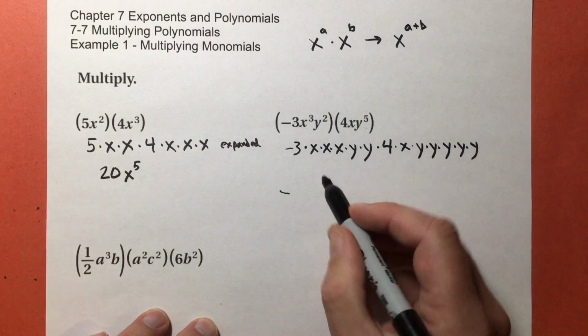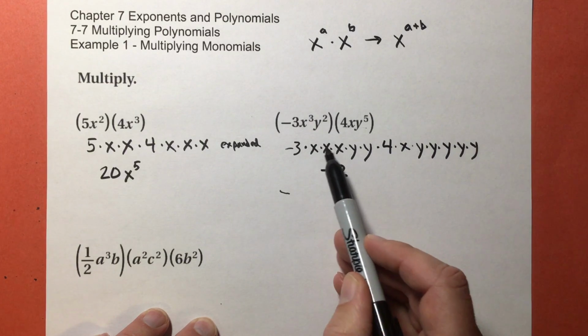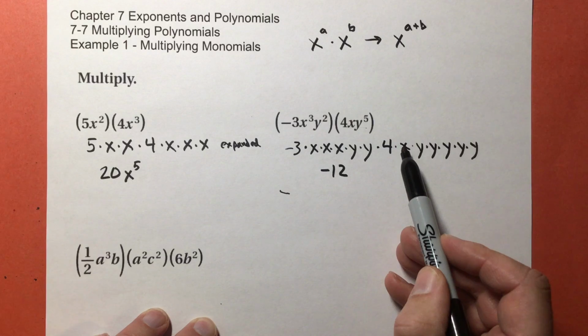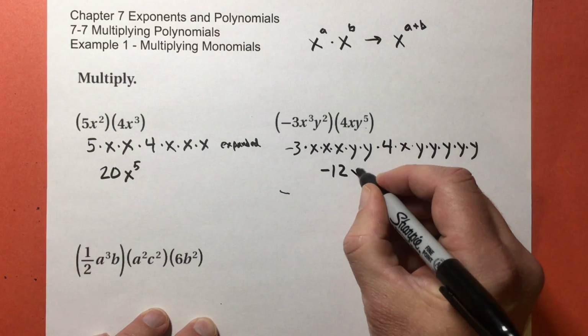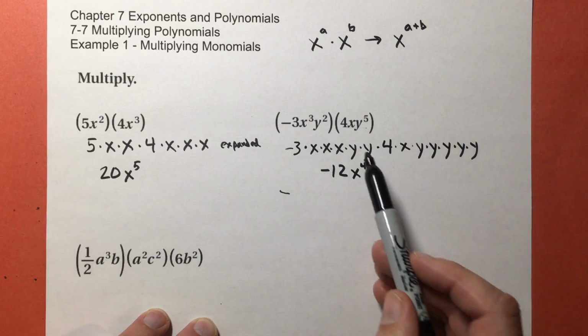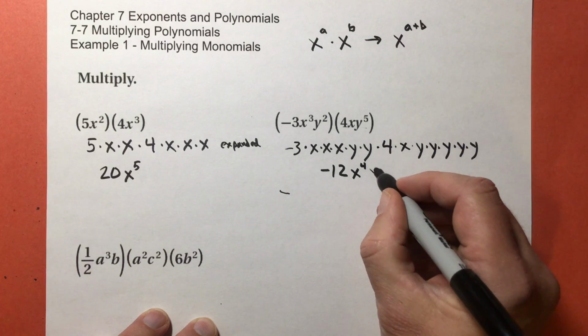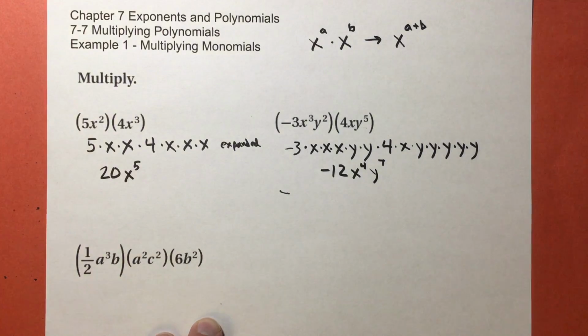Negative 3 times 4 is negative 12. Now let's multiply all the x's together. I've got 1, 2, 3, 4 x's, no more. So that's x to the fourth power. Let's do the y's: 1, 2, 3, 4, 5, 6, 7. y to the seventh power.